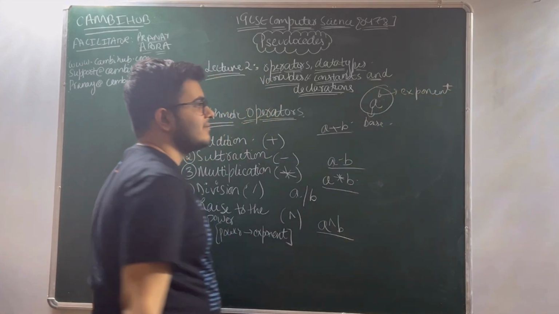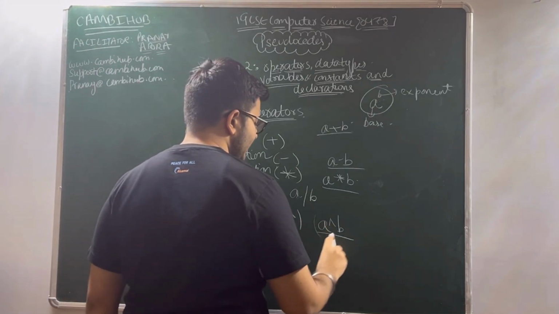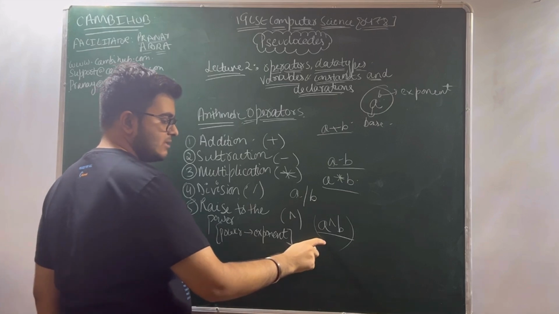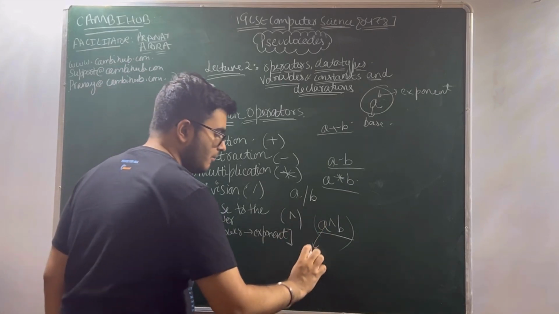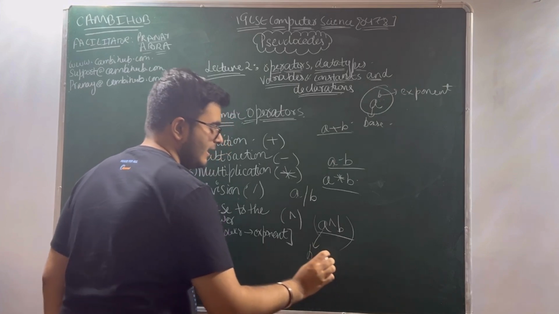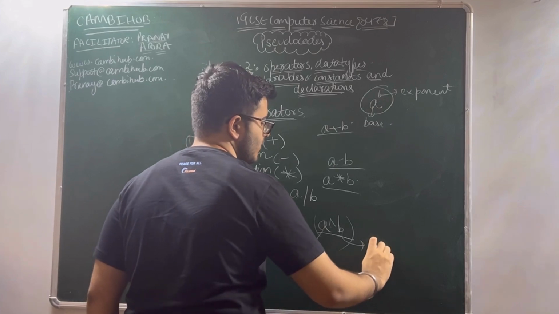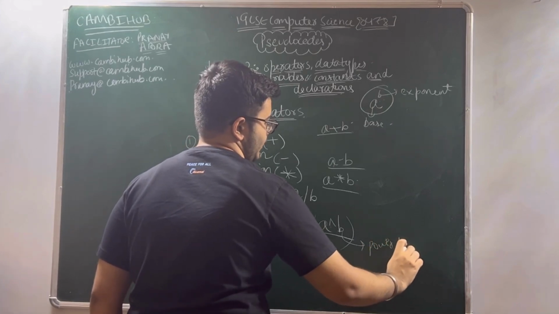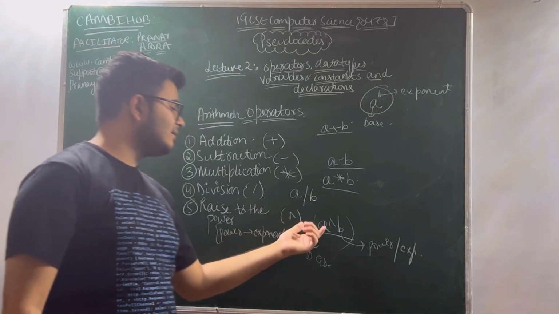This is maths, this is not computer science. So how do we write it? Please remember, we write it this way. The first number should always be your base, and the number after this symbol should be your power or your exponent. Please make sure that it is in this format.